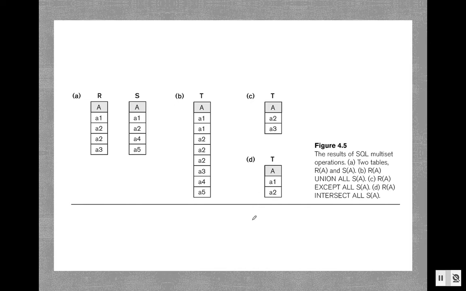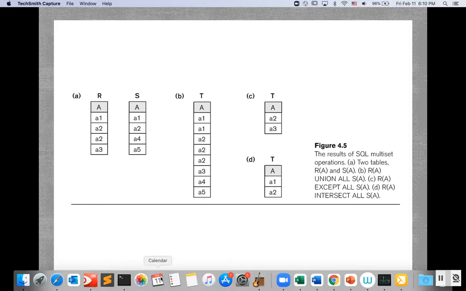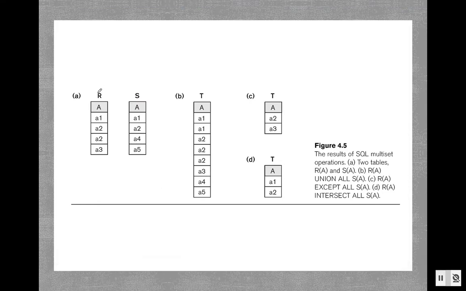For example, I have two tables R and S. R has A1, A2, A2, A3. S has A1, A2, A4, A5.